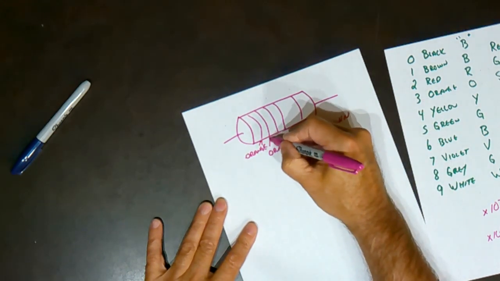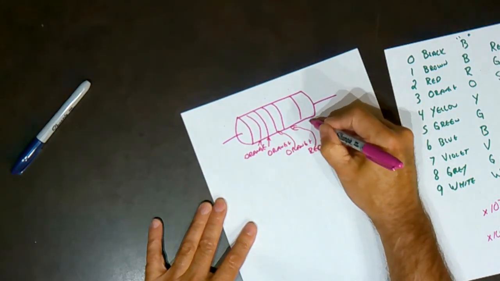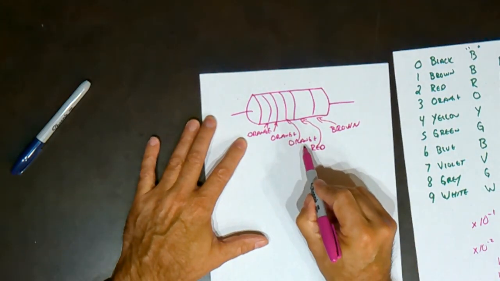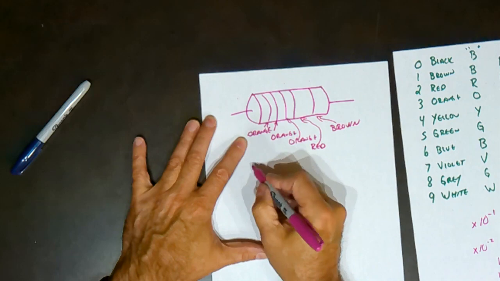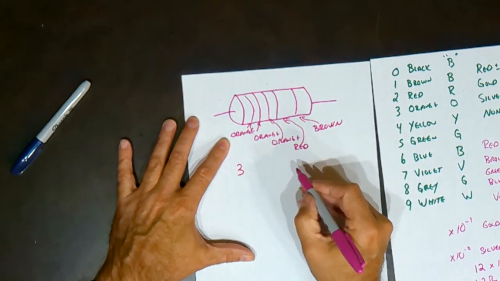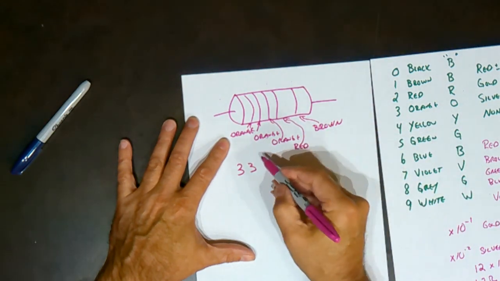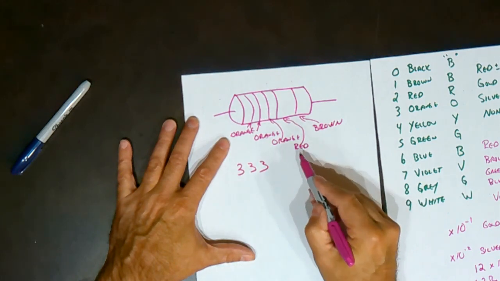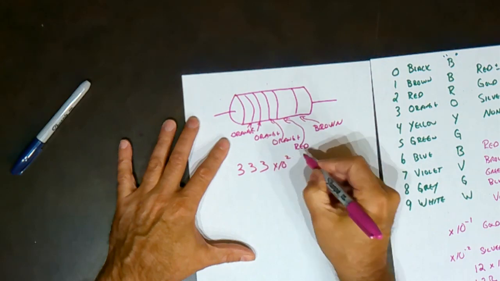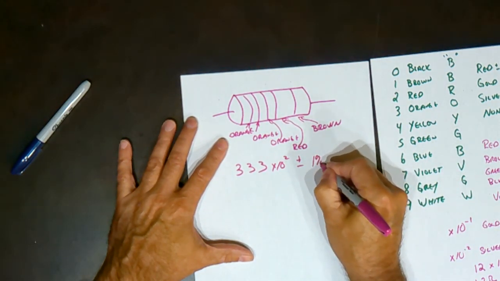So orange, orange, orange, and red, tolerance brown. That would be digit, digit, digit, and then the multiplier. So orange is 3, orange is 3, orange is 3. Those are 3 digits. Multiplier times 10 to the red, which is 2, and plus or minus brown is 1%.